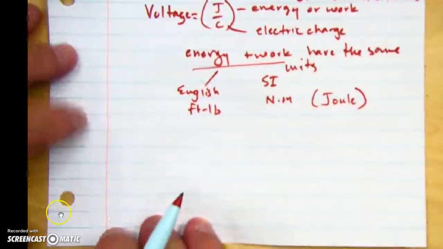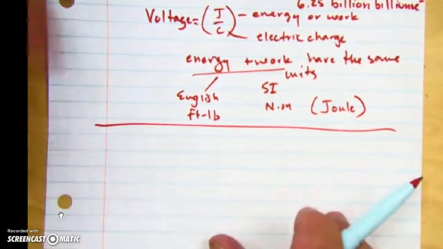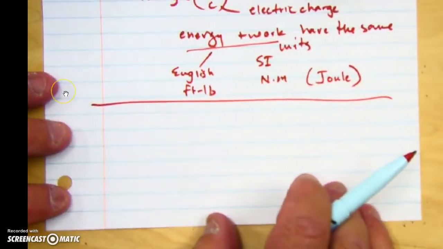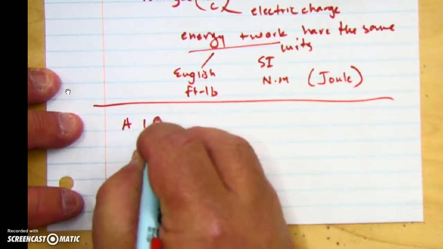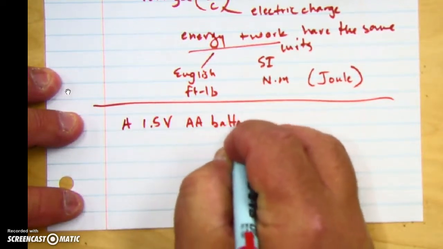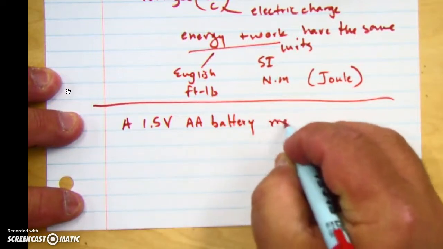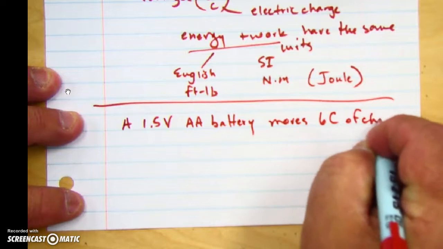Now, let's do a sample problem to make sure that we can handle this from a math point of view, because you'll see some math with this. Let's say a 1.5 volt AA battery moves 6 coulombs of charge.